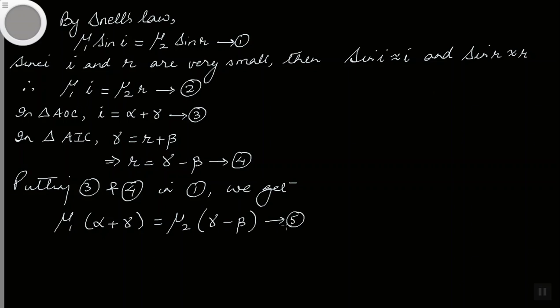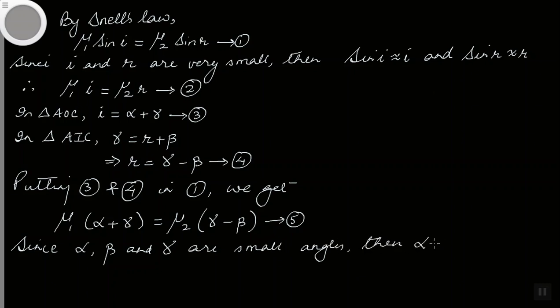All right. Now here again, since alpha, beta and gamma are small angles, we can approximate alpha as tan alpha, beta as tan beta, and gamma as tan gamma.